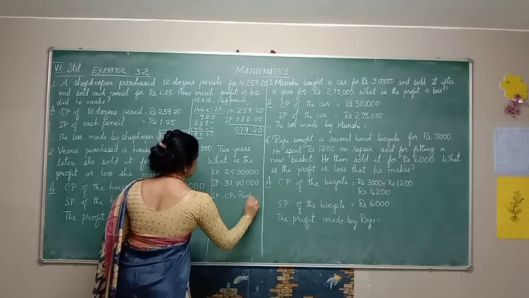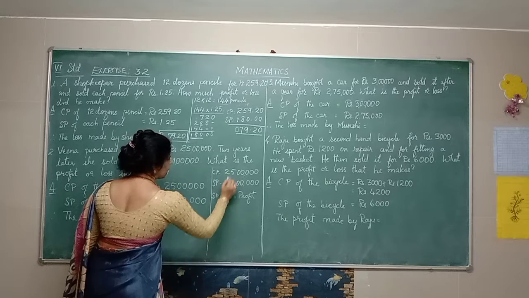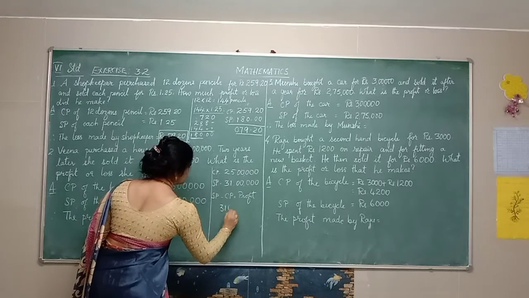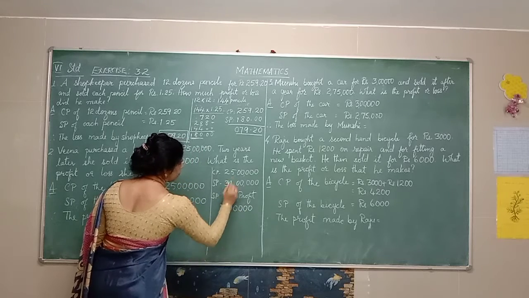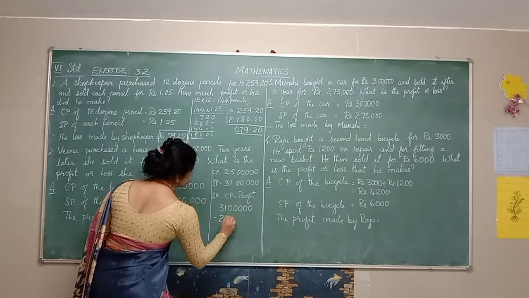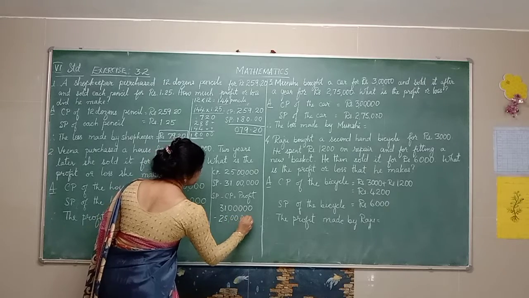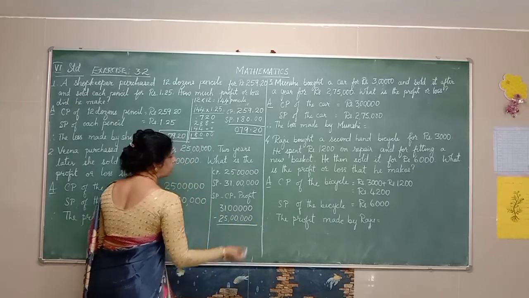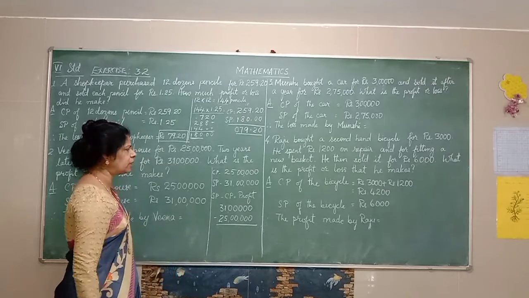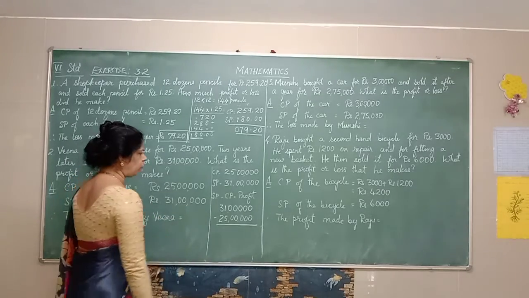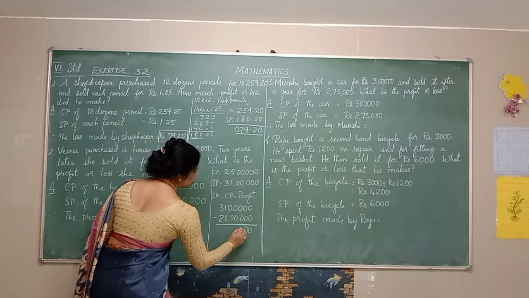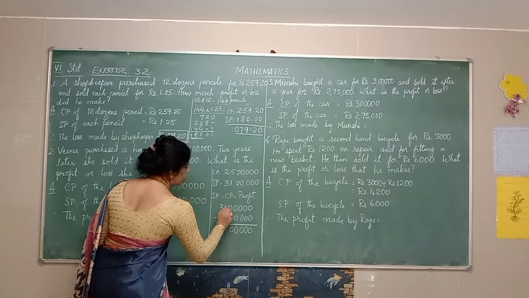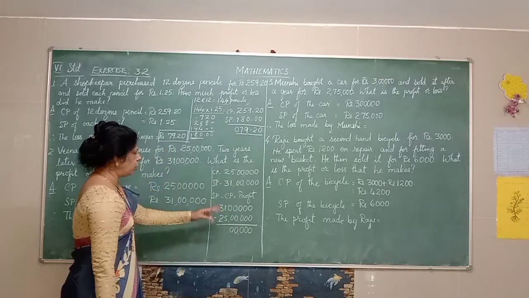Now, what is the selling price? 31 lakh minus 25 lakh. Bought for 25 lakh, sold for 31 lakh, means there is definitely a profit. So 0 minus 0 is 0, all the zeros. 1 minus 5 you can't do, so you have to borrow.